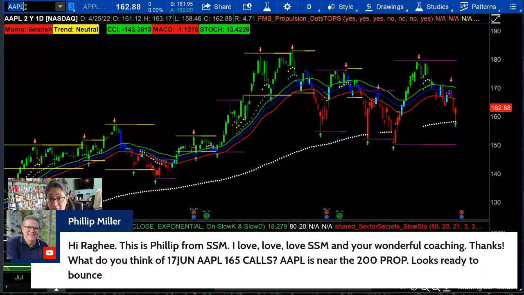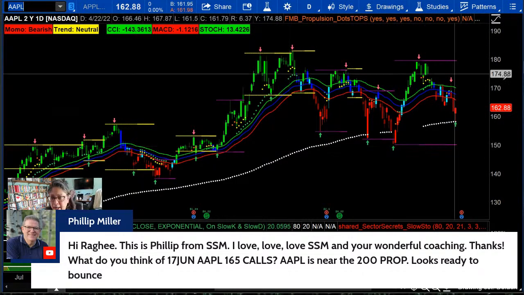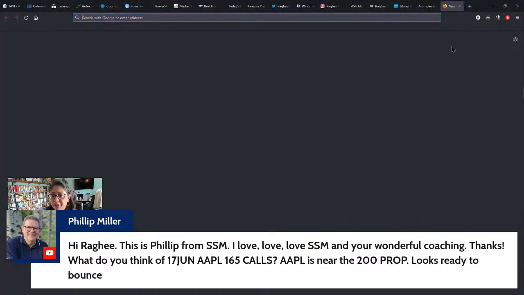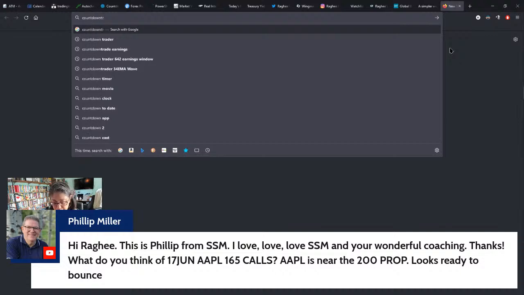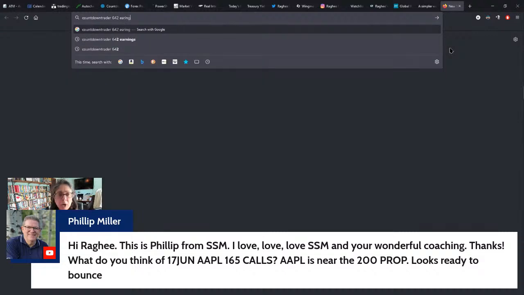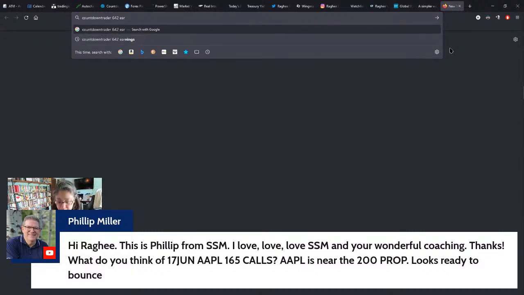642 earnings window. And if you don't, check it out over at countdowntrader.com. The best way to find that, by the way, is just to head on over to Google and search Countdown Trader, all one word. And then do earnings. I think if you just type in 642 earnings, let's make sure I didn't type in earrings or something.